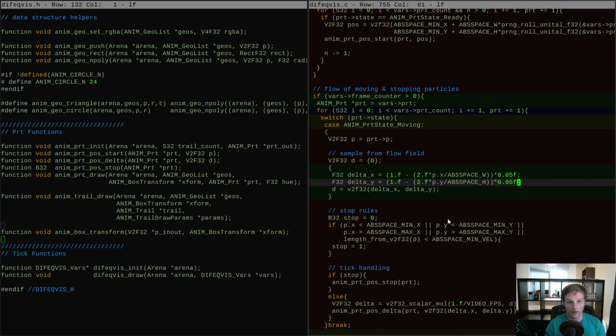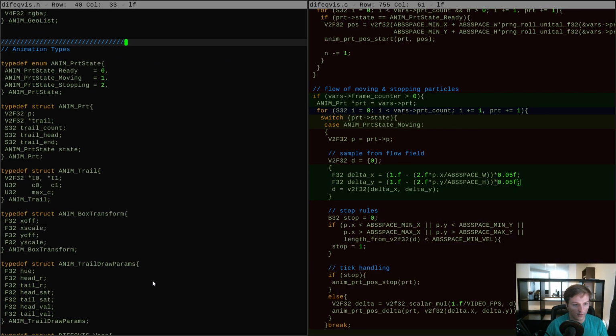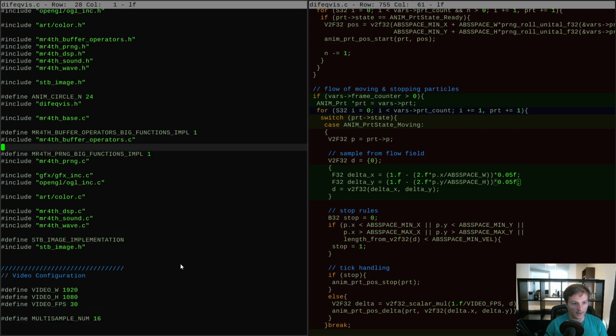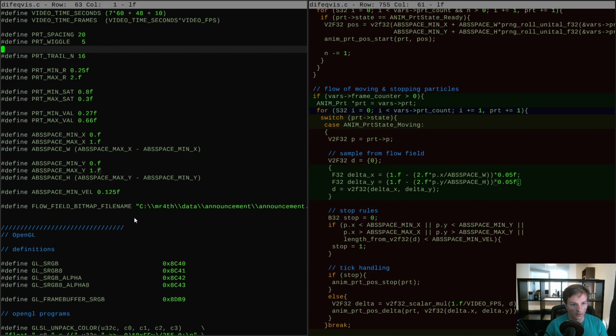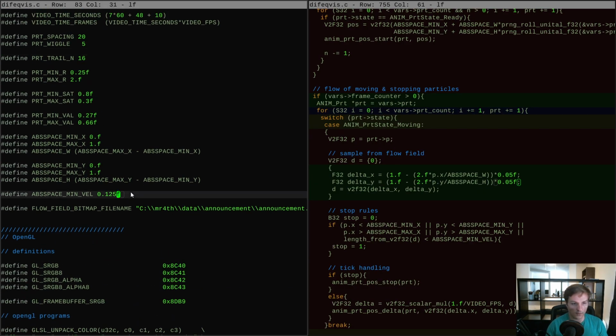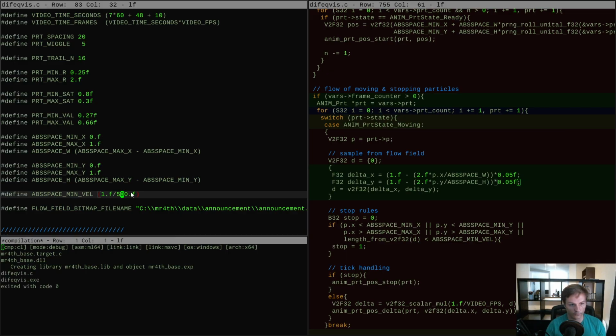Now it's too slow, but of course we know that our velocity here is pretty aggressive. So instead of 1/8, what if it's 1/500? Okay.